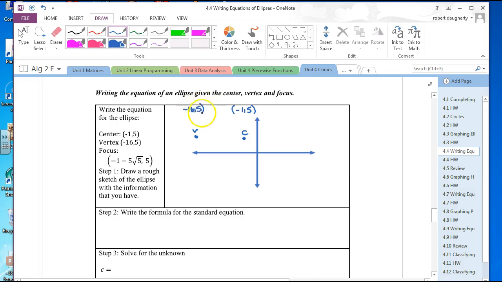What do you know about this ellipse? Horizontal, vertical? This is a horizontal ellipse because the center and the vertex are on the horizontal line. And then the focus. Before you even look at the numbers, where would the focus be?